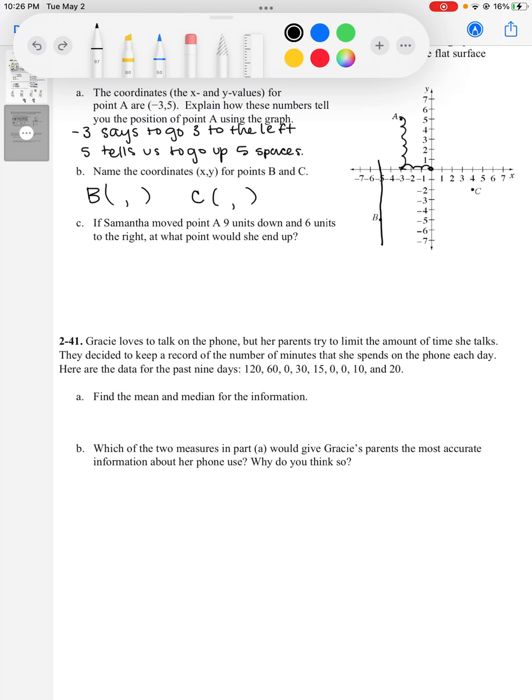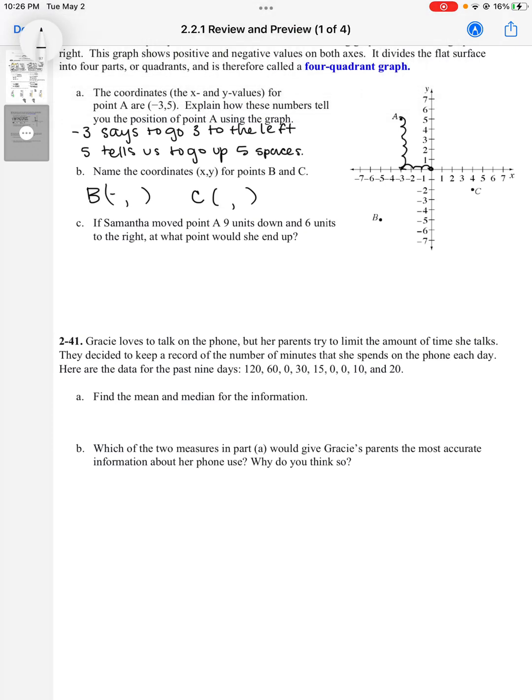So I'm actually going to erase what I just wrote. Normally I wouldn't count like that. Okay, I would use a pencil line and erase it. So it's -5, -5. Because I went to the left 5 and down 5. Point C, I went over 4 to the right, which means it's a positive number. And I still went down, but I went down 2 spaces instead.